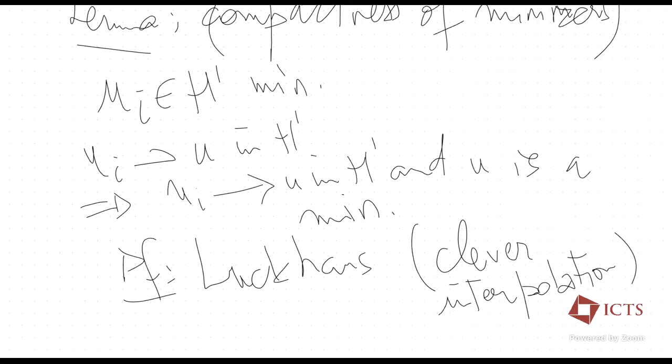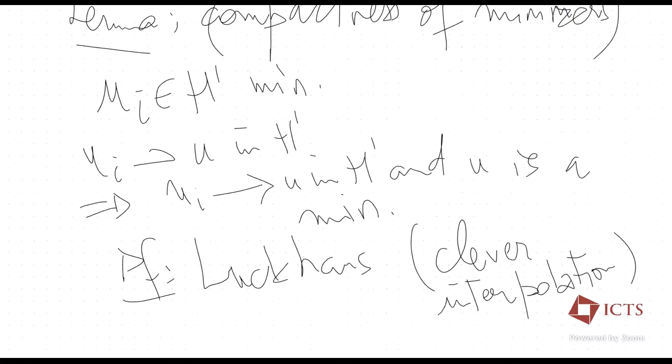And why is it important? Because the next result is that if the limit is a minimizer, then you can use the monotonicity property, because the monotonicity holds for minimizers. So if you take a sequence of minimizers, its limit is a minimizer, and in particular its limit will satisfy the monotonicity.